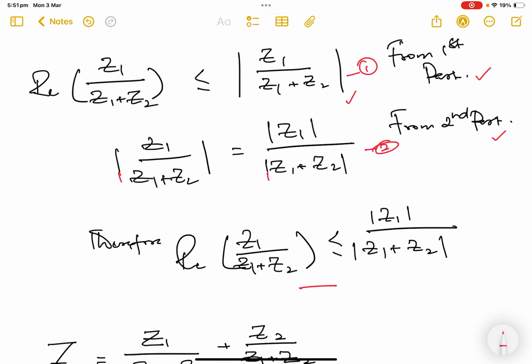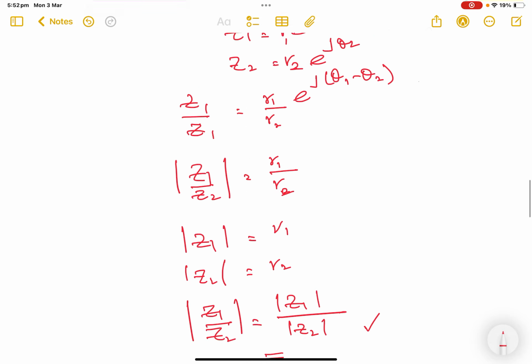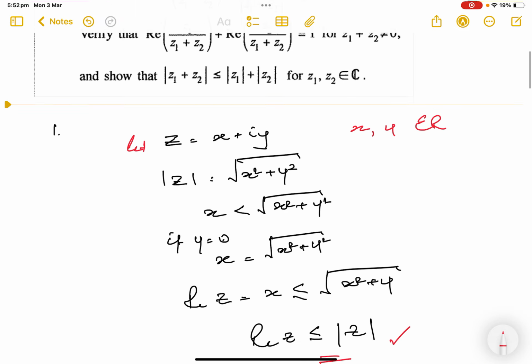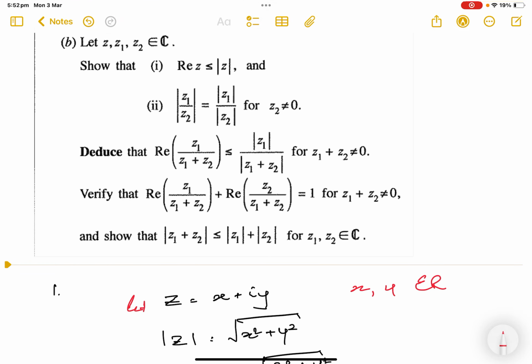The right-hand side of equation one, we said from the second part, is the modulus of Z1 divided by the modulus of Z1 plus Z2. So the real part of Z1 over Z1 plus Z2 is less than or equal to modulus Z1 divided by modulus Z1 plus Z2. So that is another part which we have been asked to prove. Yeah, that is this one.